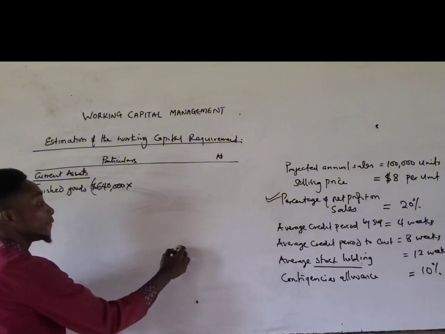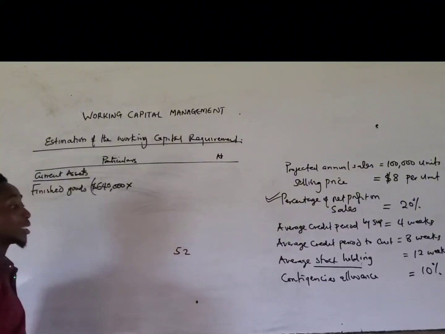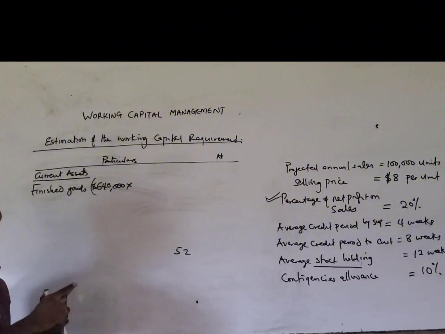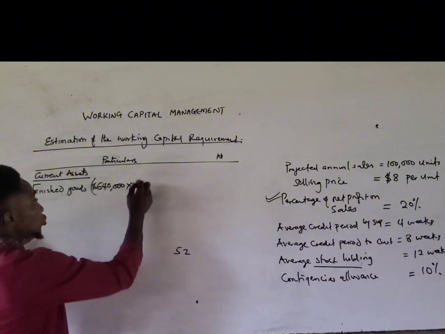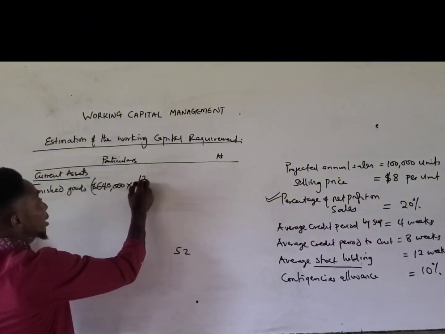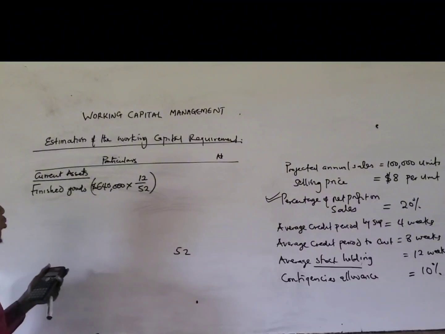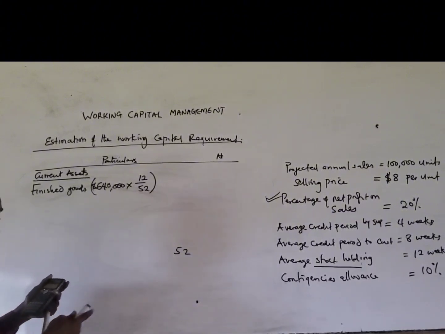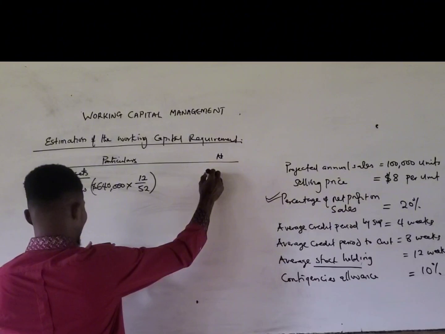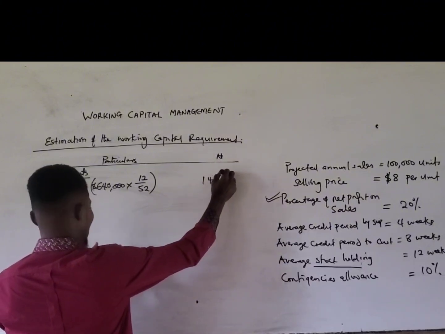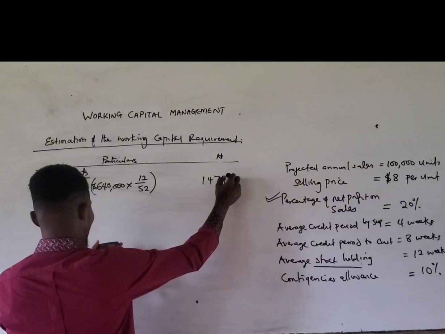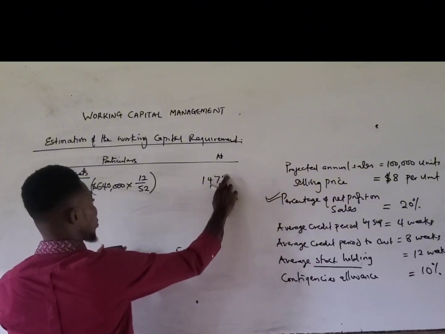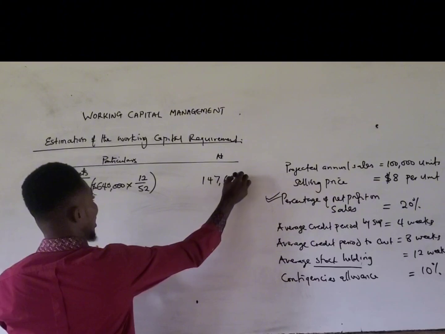And we have 52 weeks. For this question, it is assumed we have 52 weeks to make up 1 year. So for finished goods, it will be 12 over 52. So 640,000 times 12 divided by 52. That will give us 147,692.